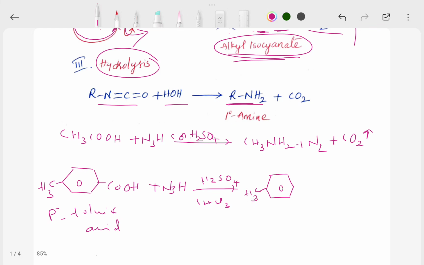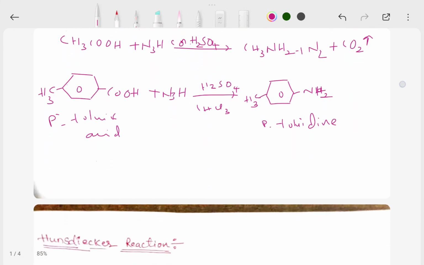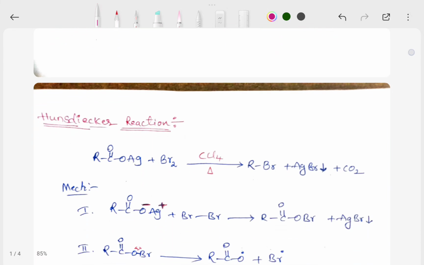Here the COOH group will be converted into an NH2 group, and para-toluidine is formed. This is the Schmidt reaction.